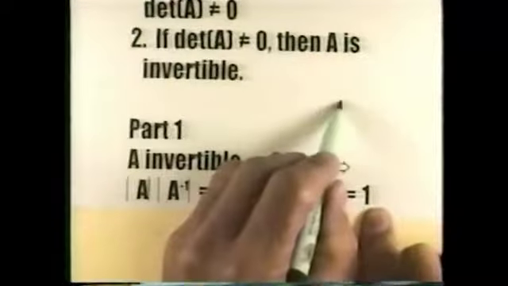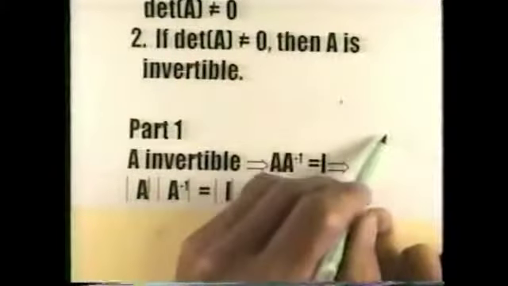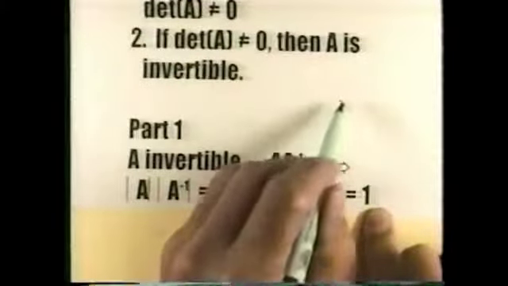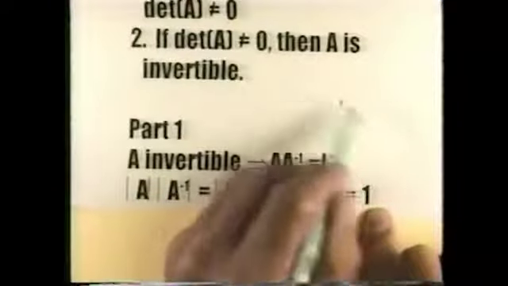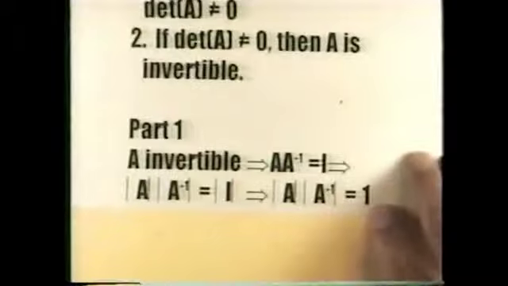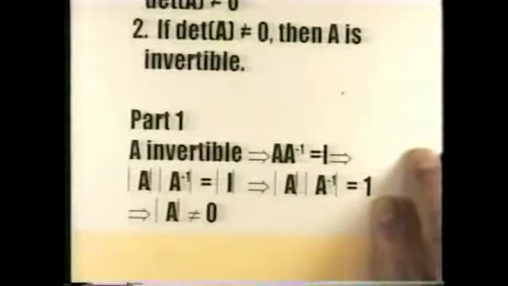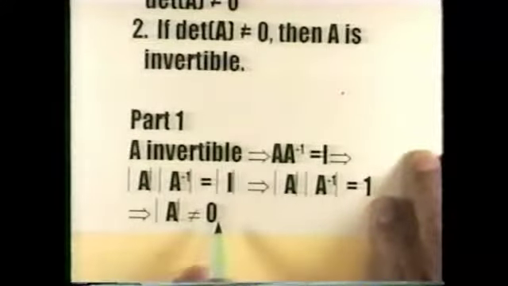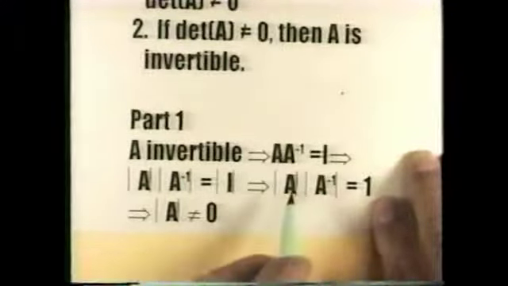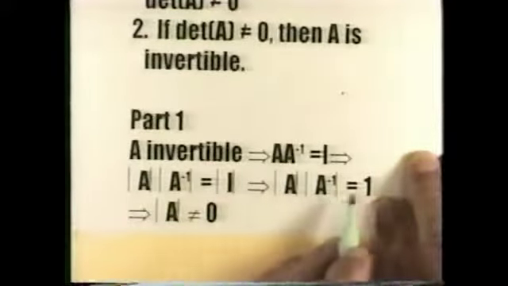Now if you see, the identity matrix is going to have 1s along the diagonal and 0s elsewhere. So then it's triangular, so all you do is multiply the diagonal, so it will be 1. Well, this proves that the determinant of A is not 0, because if the determinant of A were 0, 0 times something would not be 1.